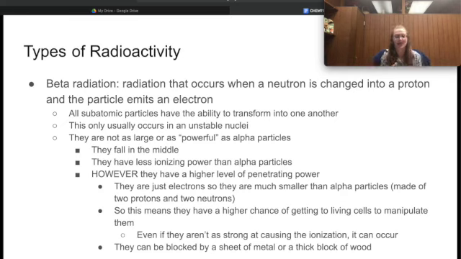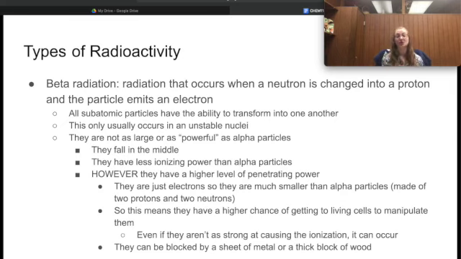If we're following the quantum mechanical model of subatomic particles, all subatomic particles, protons, neutrons, and electrons, have the ability to transform into one another. Just accept what I'm saying. So a neutron can be changed into a proton, and then it's going to emit an electron when this happens.